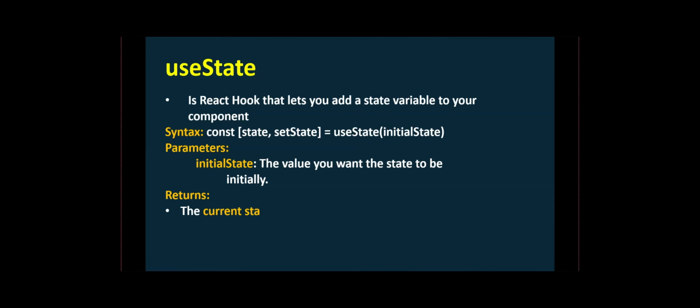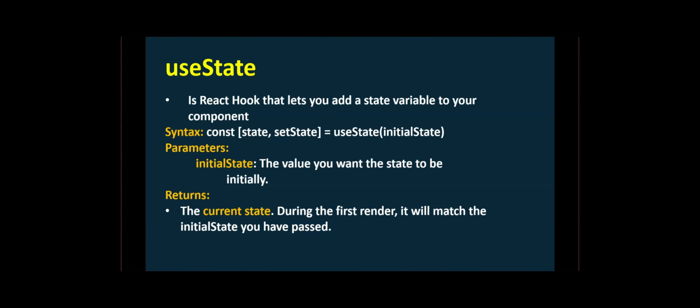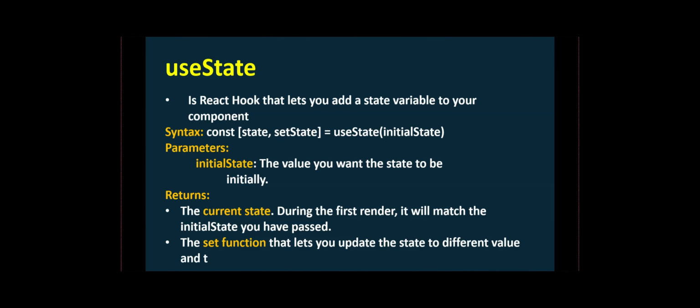One is the current state. During the first render, it will match the initial state you have passed. And the second value is the set function that lets you update the state to a different value and trigger a re-render.